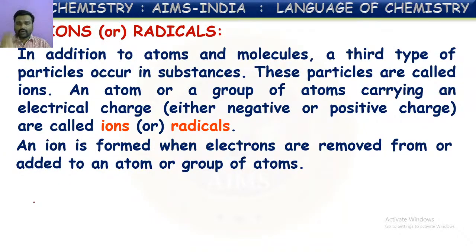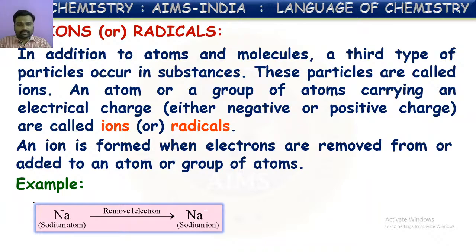Ions are formed either by losing electrons from atoms or by gaining electrons. If electrons are lost or gained by a group of atoms and hence they form a positive or negative charge, then the ions formed are called, in general, radicals. For example, sodium on losing one electron forms the Na plus ion.